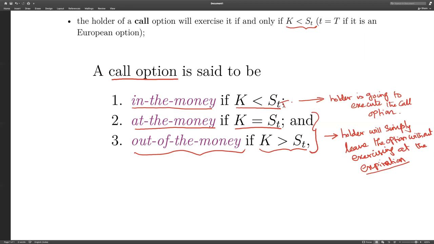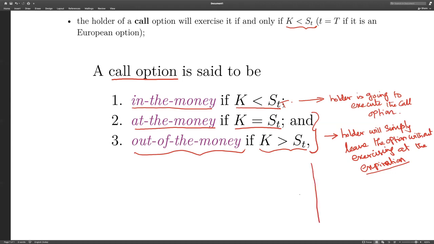Now let us see what is the payoff of a call option for the holder. We are talking about the holder's point of view. A similar idea can be developed from the writer's point of view also. I will leave it to you to develop that, but let us only discuss from the holder's point of view.